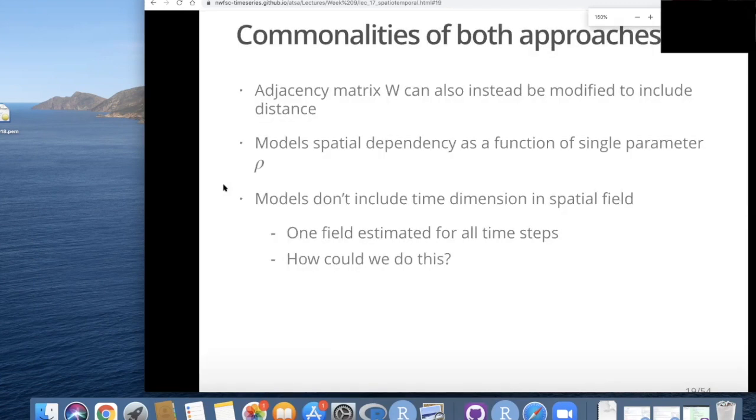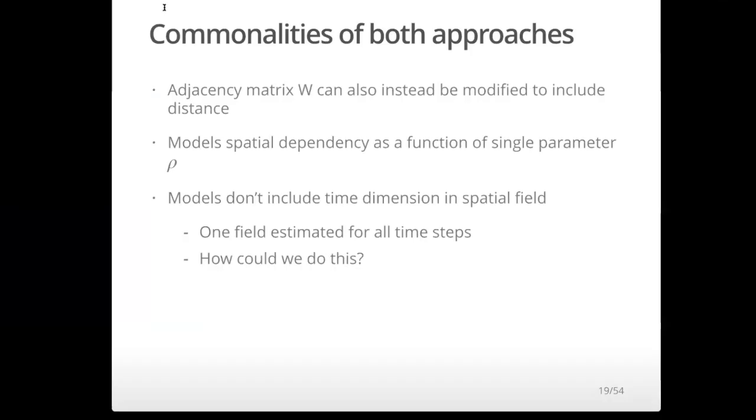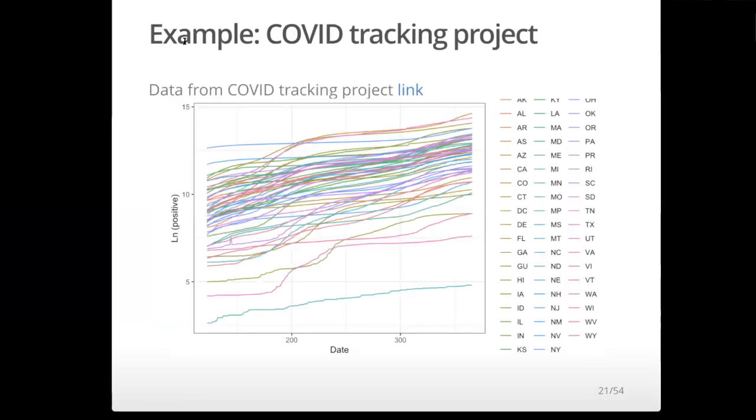Yeah, so I did actually have another example using BRMS that folks can walk through on their own. I just wanted to show how flexible this is. There's this COVID tracking project that has a lot of time series for different U.S. states, and it's a pretty huge data set.